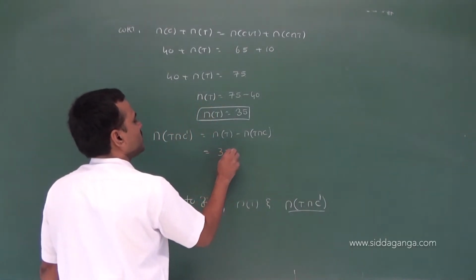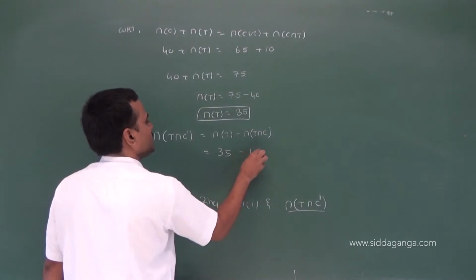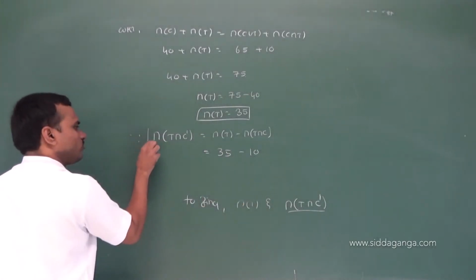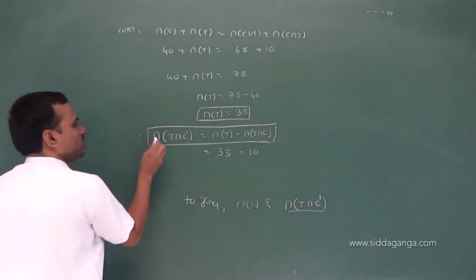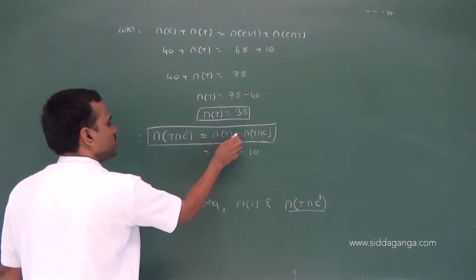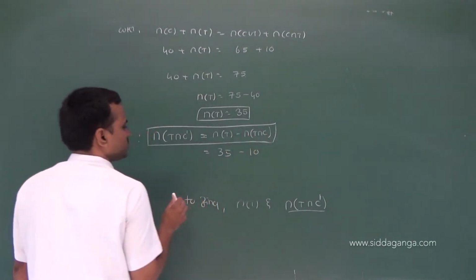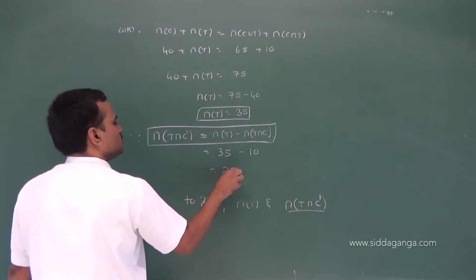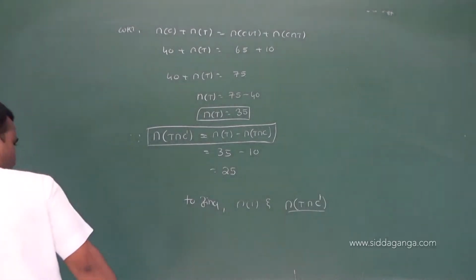That means 35 minus 10. This is also one formula. N of T intersection C dash is nothing but n of T minus n of T intersection C. So how much? It is 25.